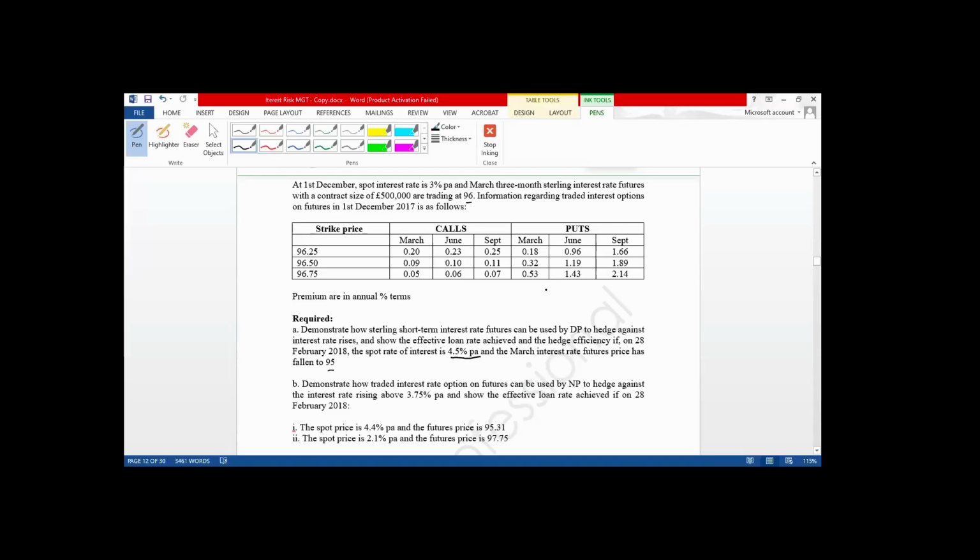So determine the contract expiring date to use. You now answer yourself. The company will borrow on the 28th of March. Which contract will expire immediately after 28? March futures contract.